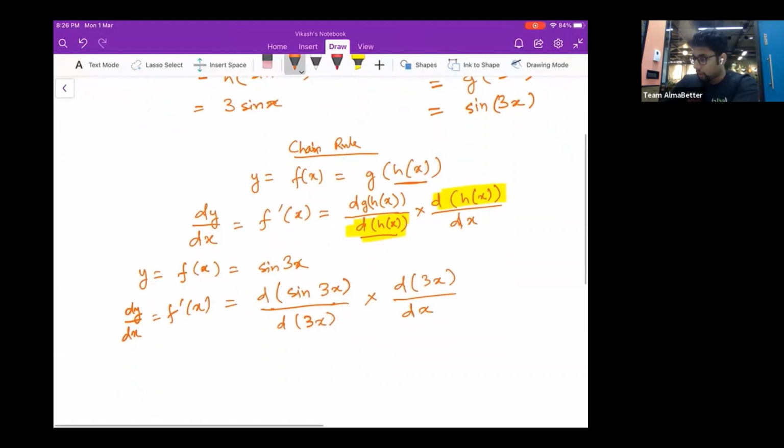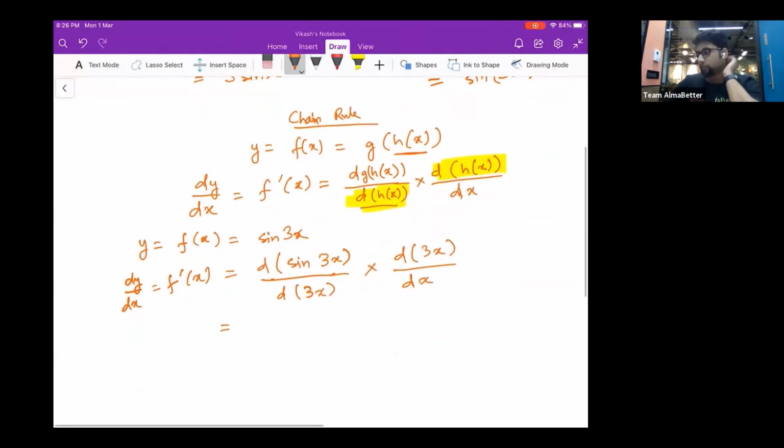So how to find this out? Most of you know that the derivative of sin x is cos x. So what you will do here is take the derivative of this. You can treat 3x as some single variable, you can take it as anything, because these two are the same.